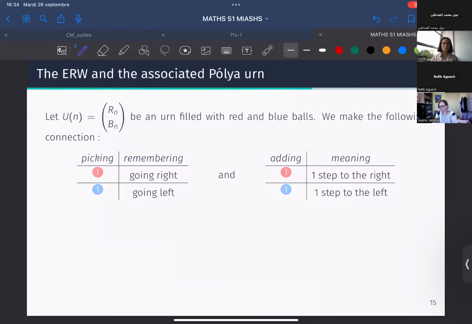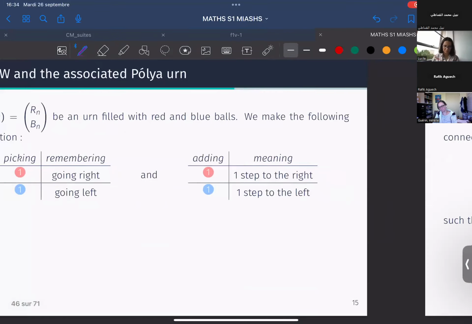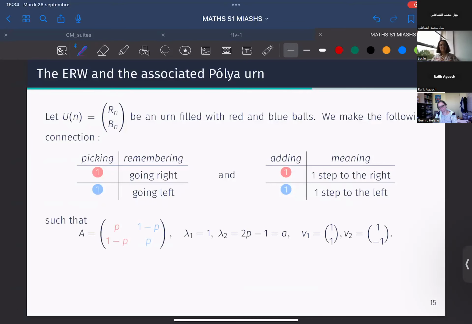But whenever you add a ball of the color blue, that means that the elephant performed a step to the left. So in that case, the mean replacement matrix is given by this matrix A. And it happens that the ratio of the two eigenvalues is actually a. And if you remember, a is 2p minus 1, so I wrote it back here. And the eigenvectors are easily computed.